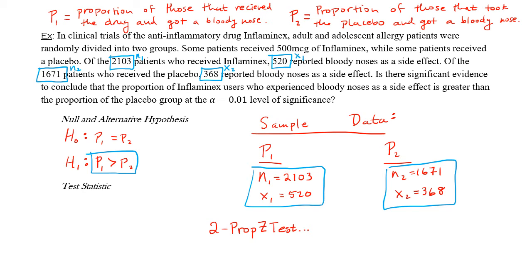2-PropZTest with X1 is 520, N1 is 2,103, X2 is 368, and N2 is 1,671. And then for the form of our alternative hypothesis, we want to make sure we use the one that says P1 greater than P2.